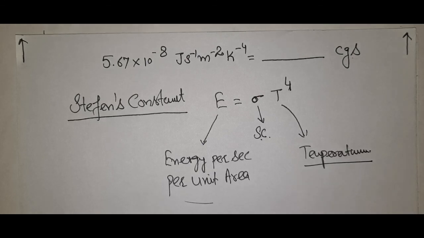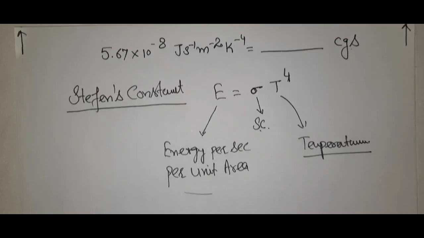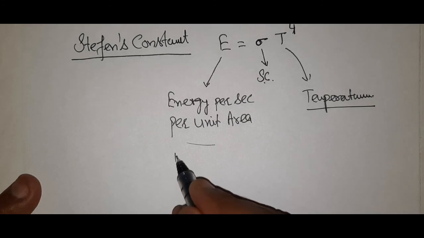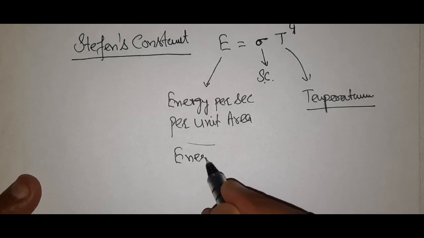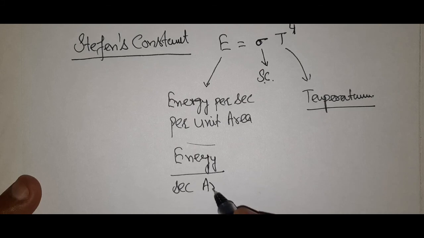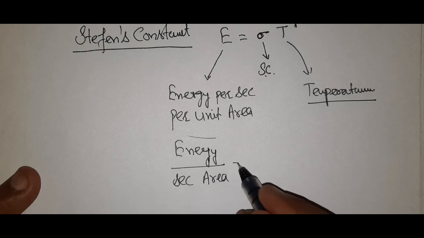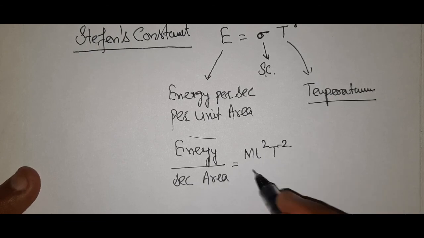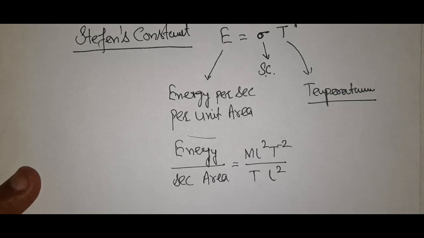Now energy per second per unit area. Energy per second in the denominator, per unit area also in the denominator. So the dimensional formula for this will be energy, which is ML square T minus 2, over second, time, area L square.